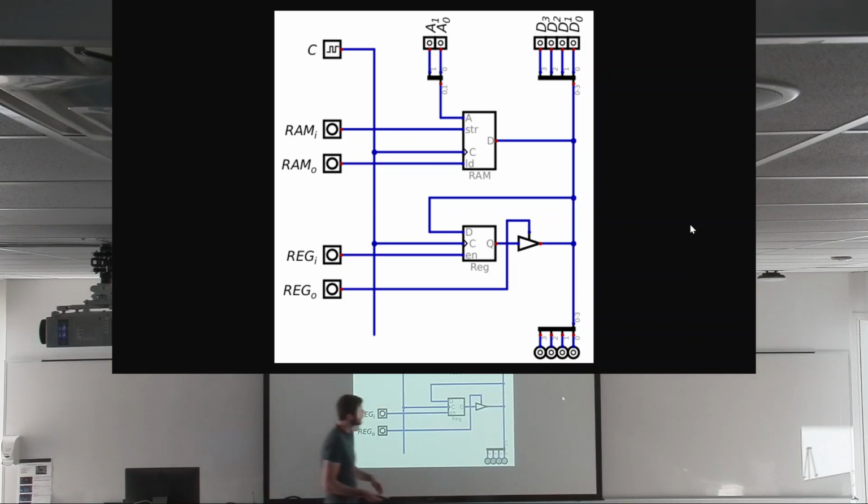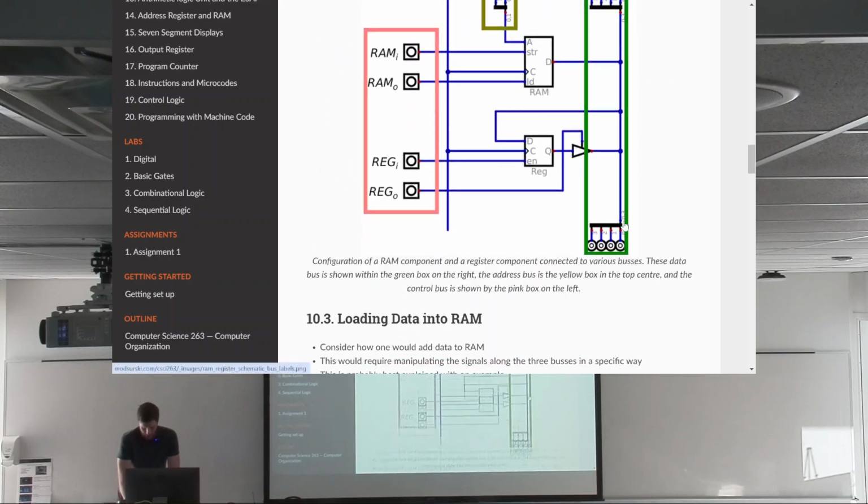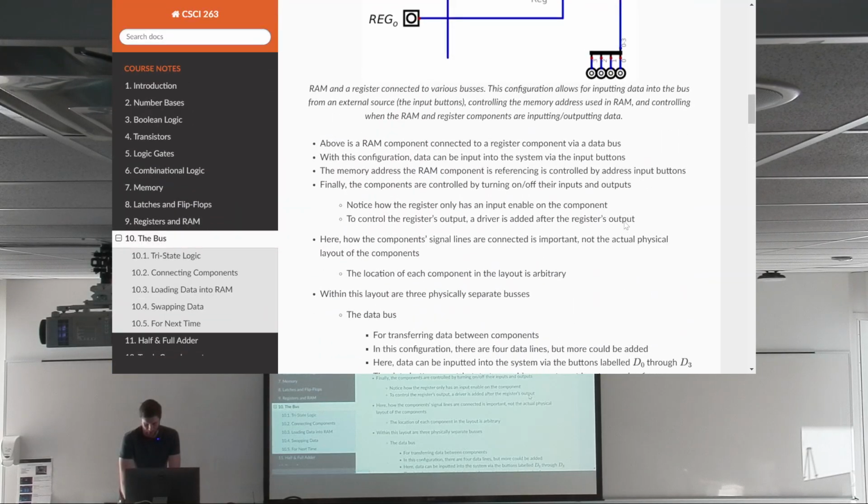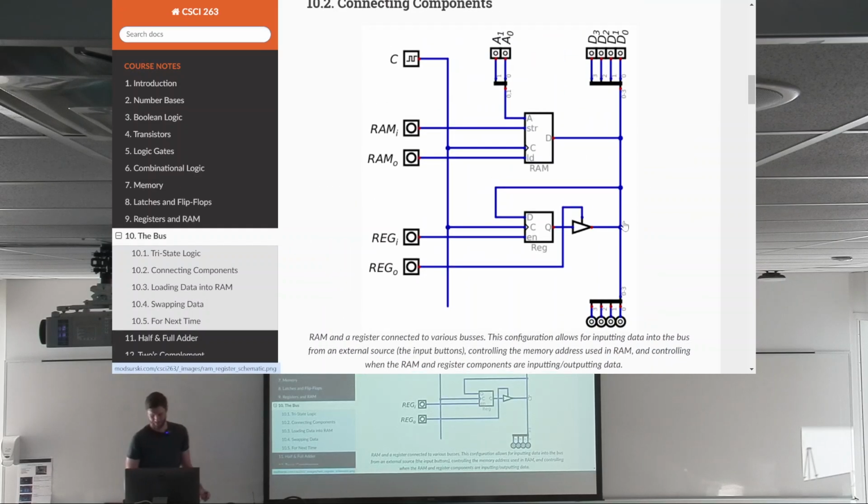First, over here, maybe I even have a follow-up picture. Yes. Here is what I'm going to call my data bus. I can toggle these buttons. However, these buttons are actually tri-state buttons.